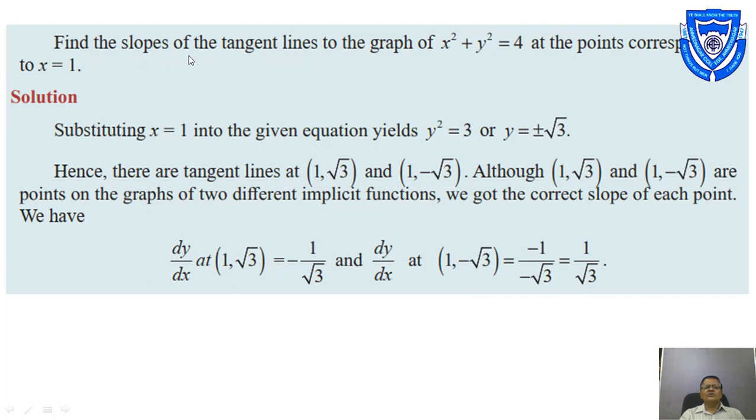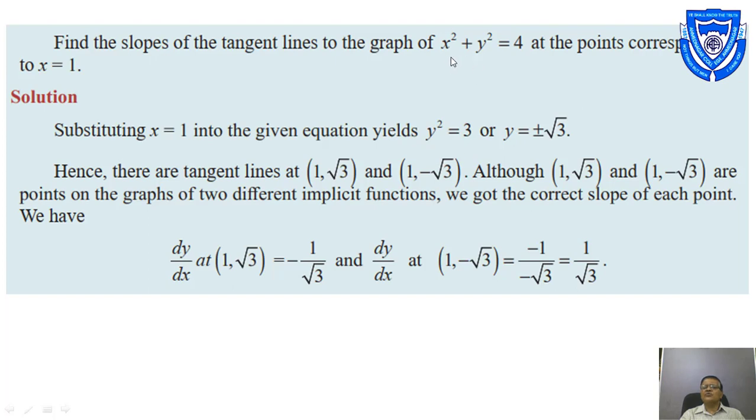We have learned in the very first lecture that one meaning of derivative is slope, or derivative gives us the slope of the tangent. Now first we put x is equal to 1 in this equation and find the value of y.